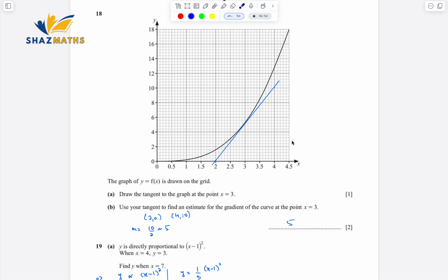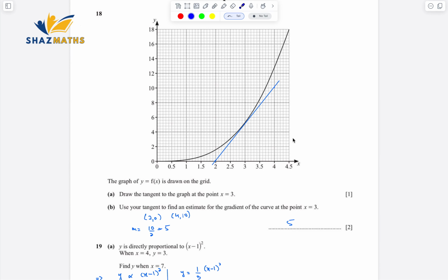Anyway, should be somewhat like this. I'm just going to extend it. There you go. Okay, and then let's see what it has to say. Go back. Okay, at x equals 3, the tangent is drawn. It's not accurate though, but you guys would have the scale, so probably you'll draw it more accurately.